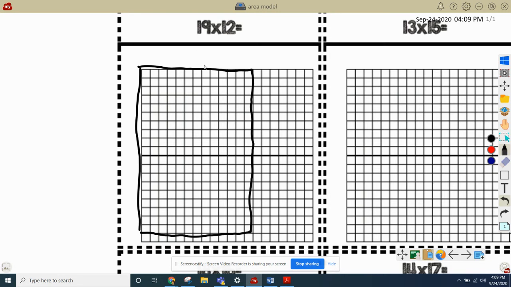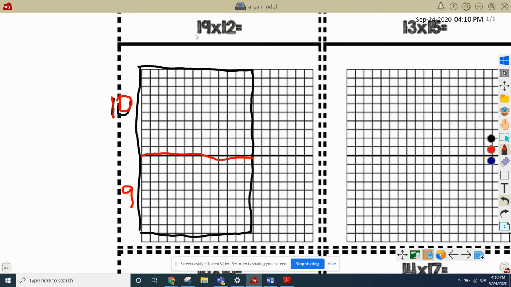But we're not going to count all these little squares, so we're going to break down this problem into 4 different problems. So we can break the number 19 into 10 and 9. And when we do that, we then separate our box like that.